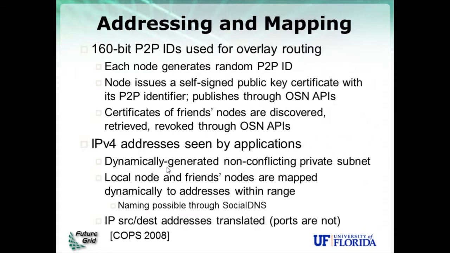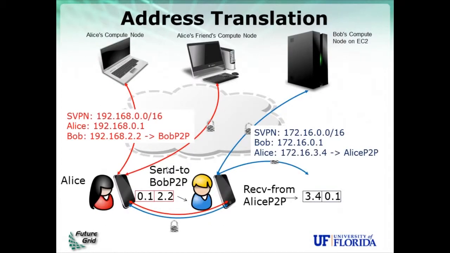Here in SocialVPN, this mapping will be done in a different way. So each user will create a private network address space and will map their users to that private network address space. And the IP addresses will be translated in the process. So here's one example.